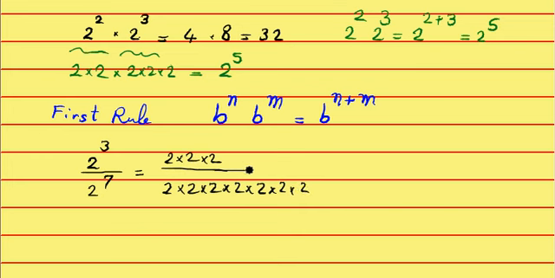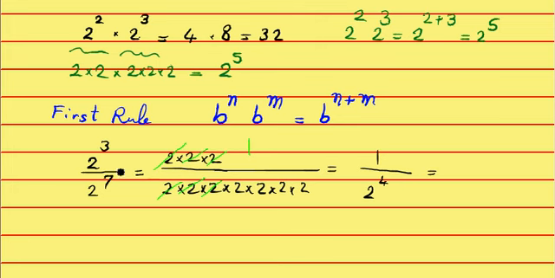I'll have 7 of them. Since they are similar in numerator and denominator, I can cancel, and now I'm left with just 1 divided by 4 2's, which is 2 to the power of 4.